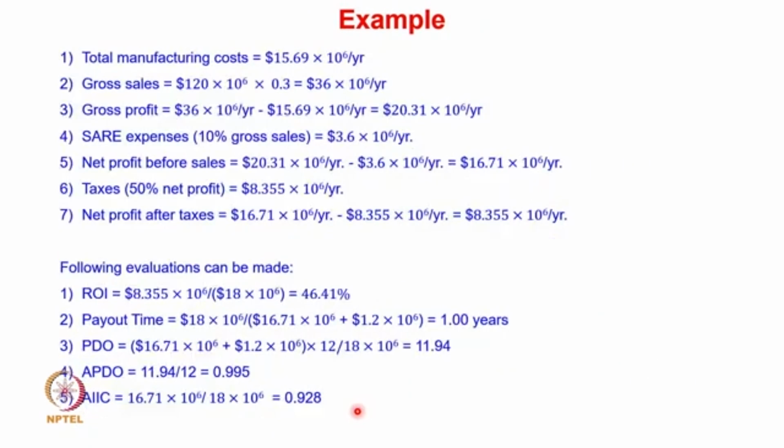So in this case, AIIC is obtained as 16.71, the net profit before taxes, divided by 18 into 10 raised to power 6, which is nothing but the total capital cost, and the AIIC comes around 0.928. So these are the different metrics which we can calculate, and based on these we can make at least a preliminary decision on whether a particular project is financially viable or not.